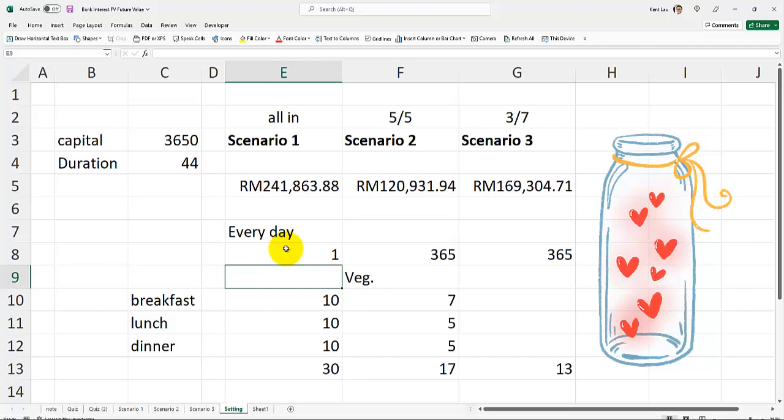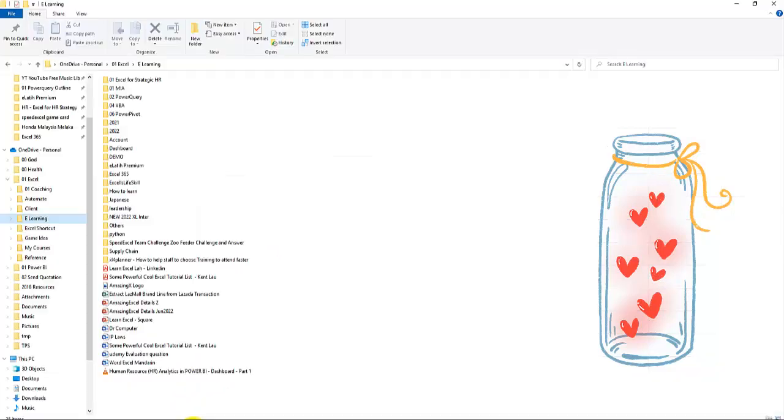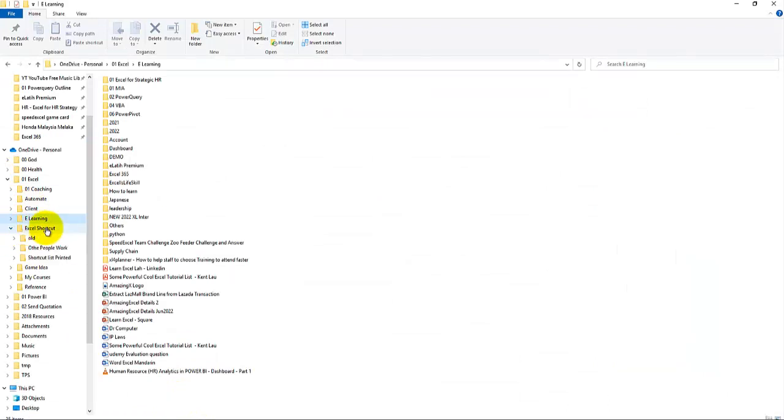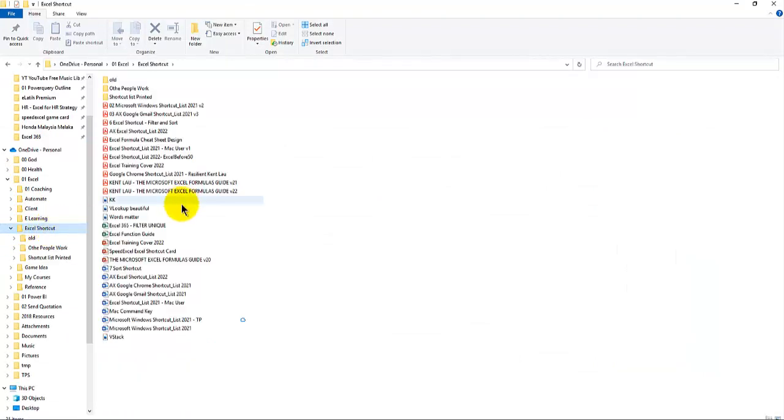So if you can start with this mini habit, a very atomic habit, if you read the book, then you will understand that.